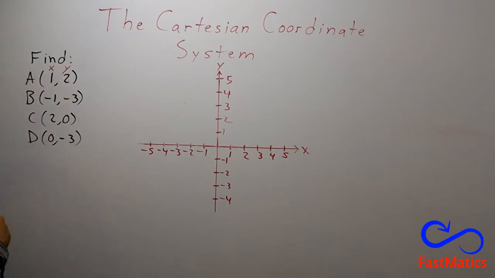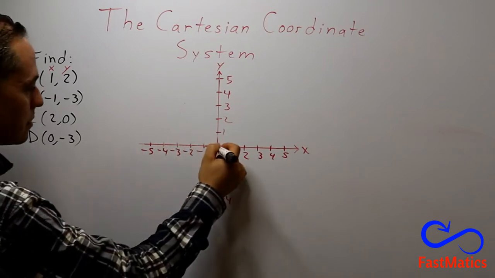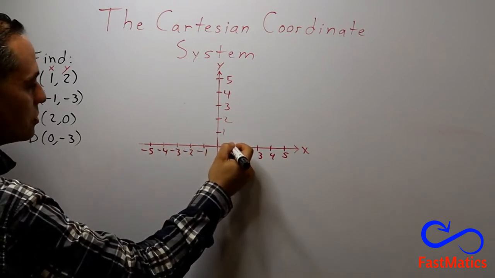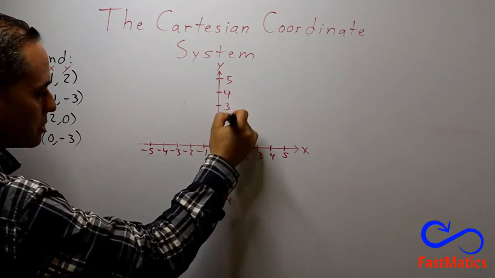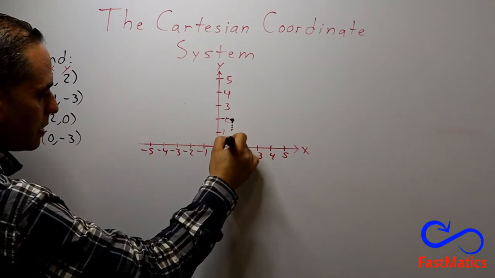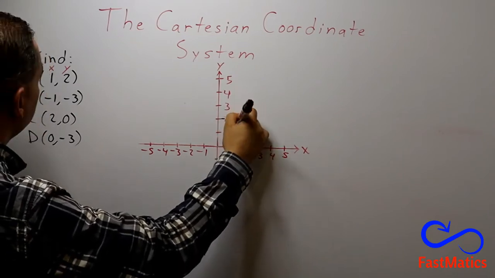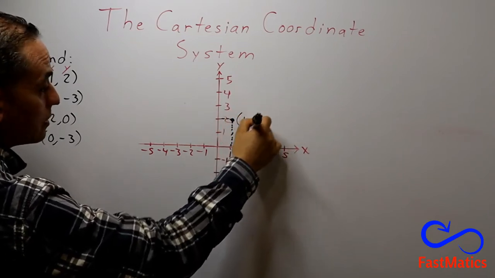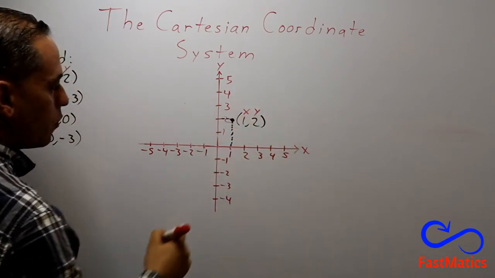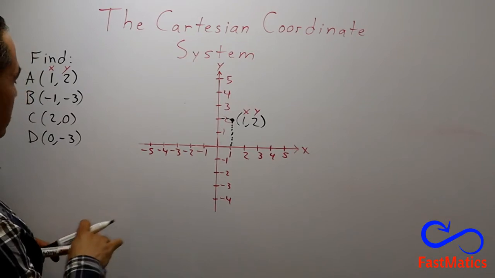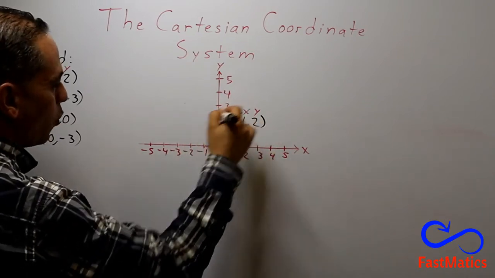I go forward 1 unit in x, and after that 2 units in y. That means you can put one line like that, and here you have 1, 2. Remember, always x, y. And this is point A.